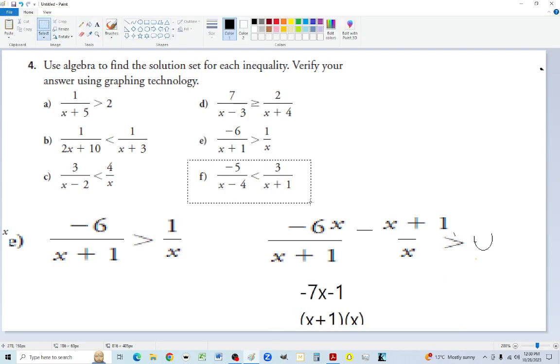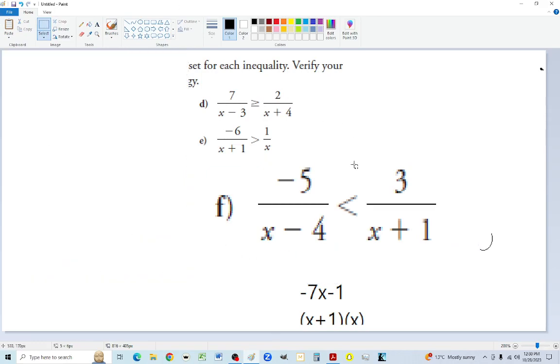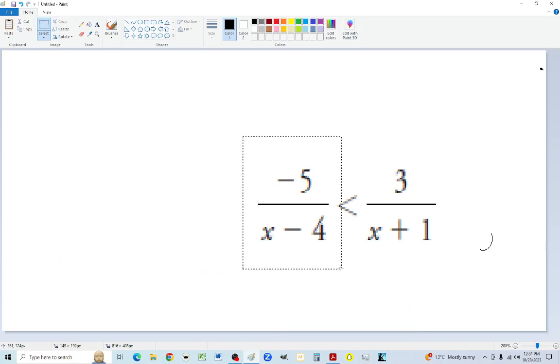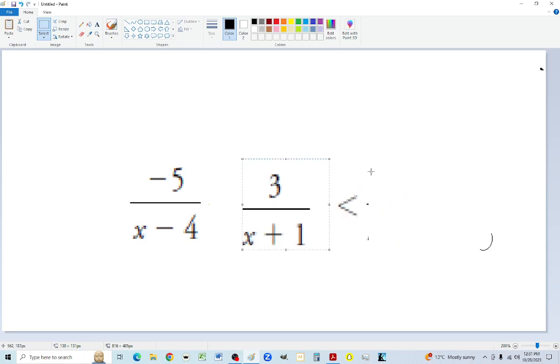And the last one. Get rid of the rest of it. Bring it all to the left side. Smaller than 0. And you have to multiply this by x plus 4 and this by x plus 1.